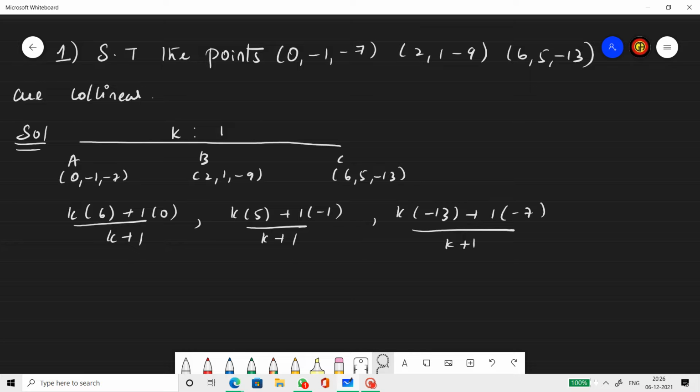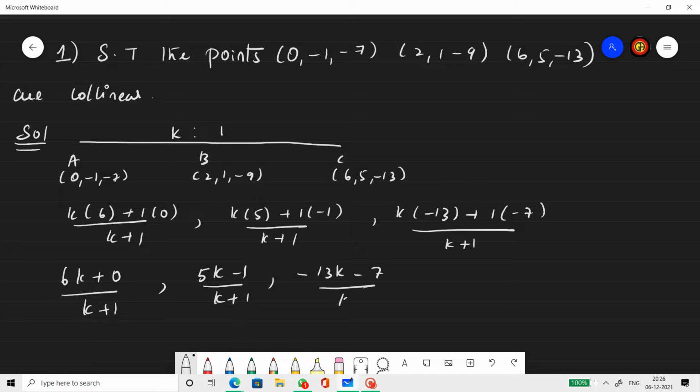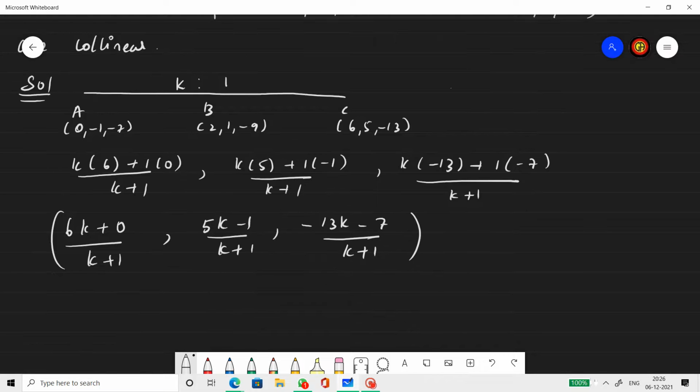Let me check my values once again. So this way I get (6K plus 0) by K plus 1, (5K minus 1) by K plus 1, (-13K minus 7) by K plus 1. Now this is the point that divides AC. Let us assume this point is B.